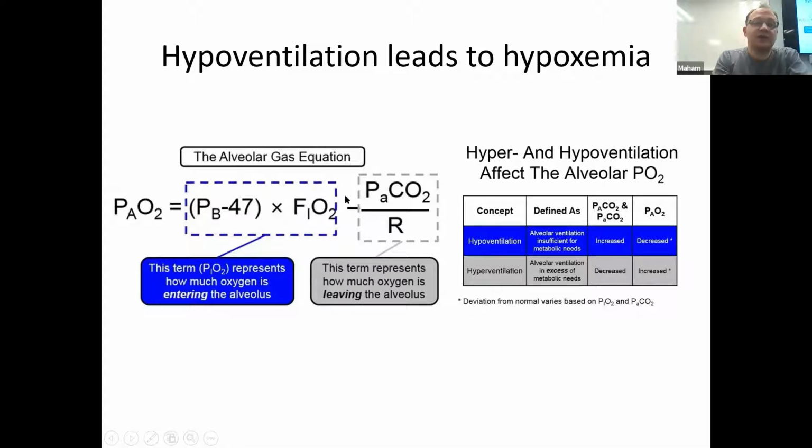So patients that become hypercapnic from hypoventilation will actually have a lower PaO2. And so when the patient is hypoventilating, you'll have an increased PaCO2 and PCO2, meaning in the alveolar space and in the circulation, and the PaO2 will be decreased.